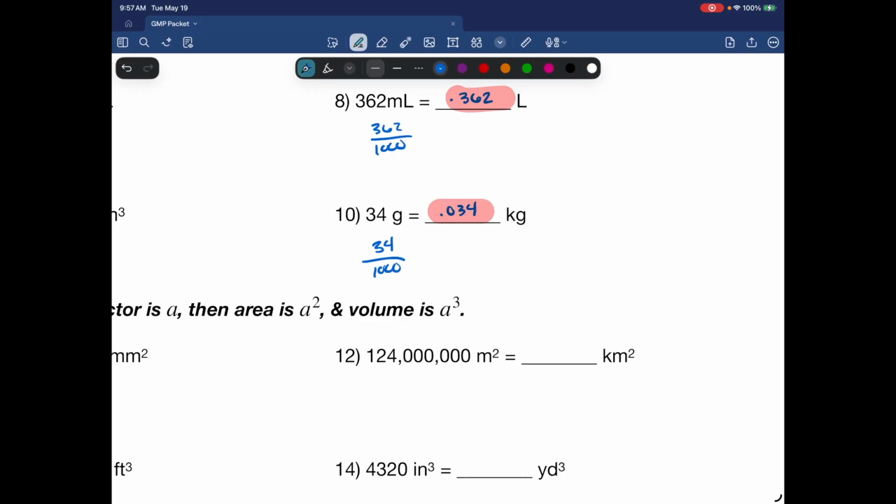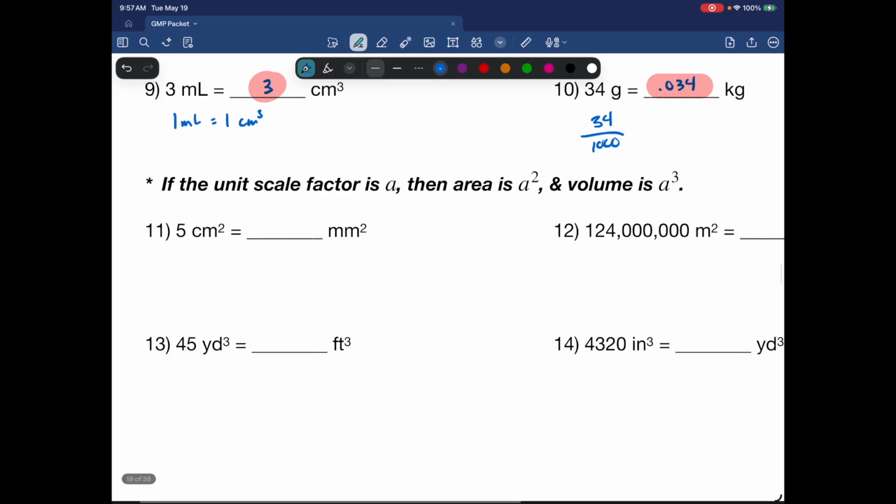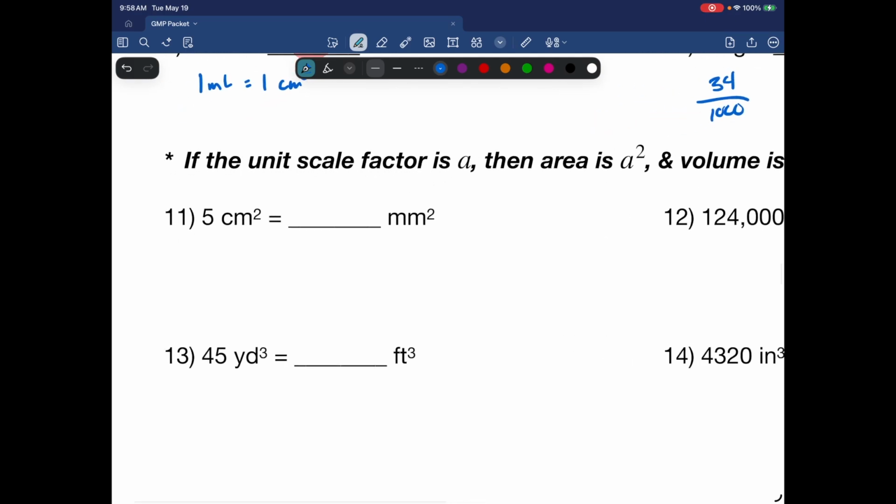Now, if the unit scale factor is a, then area would be a squared and volume would be a cubed. So on 11, I have 5 centimeters squared, and I would need to get rid of the centimeter squared. If I'm doing dimensional analysis, it looks like this.